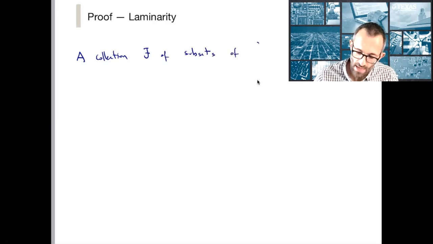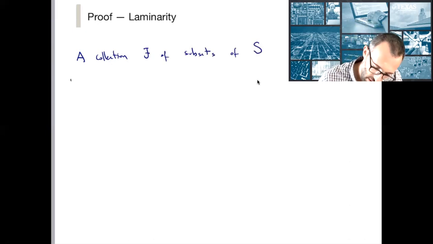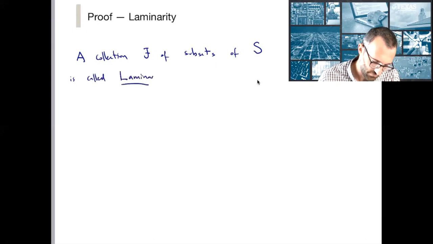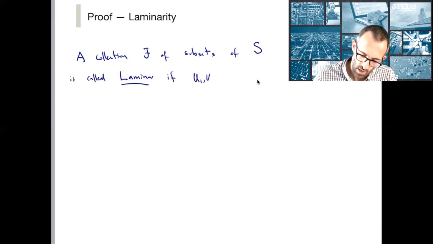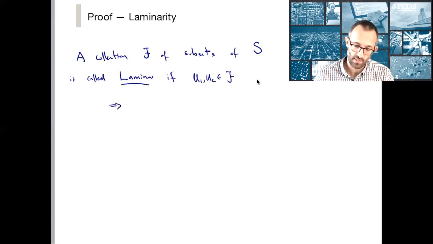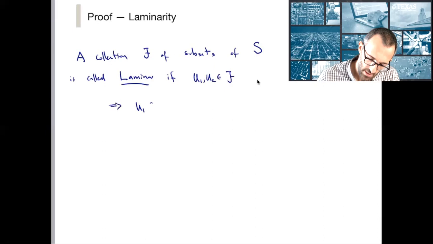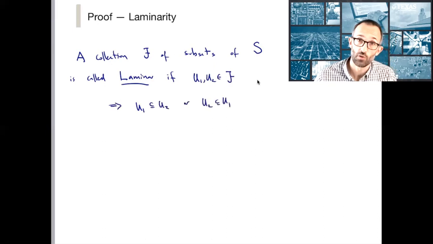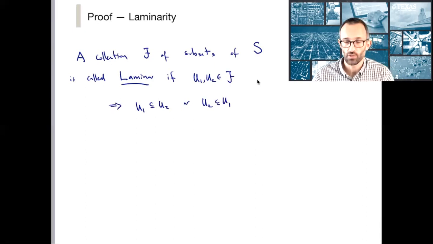I'll just use S as a generic set of discrete set of elements, is called laminar if it has a property that whenever U1 and U2 are subsets that belong to F, then one of three things must happen. Either U1 is a subset of U2, or U2 is a subset of U1, or U1 and U2 don't intersect at all.